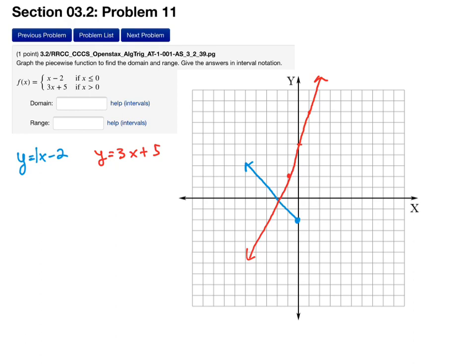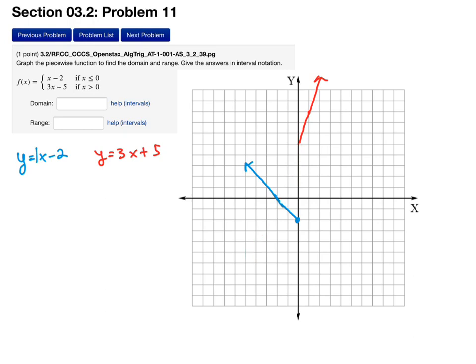And then for the red line, the restriction is saying x is greater than 0. Greater than 0 is the right portion of the graph, everything to the right of the y-axis. Because it's just greater than, we have an open circle there. So let's eliminate everything to the left.